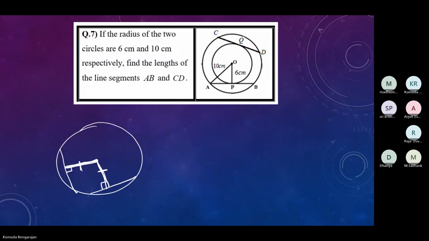Equal chords are equidistant from the center. Chords that are equidistant from the center are equal.